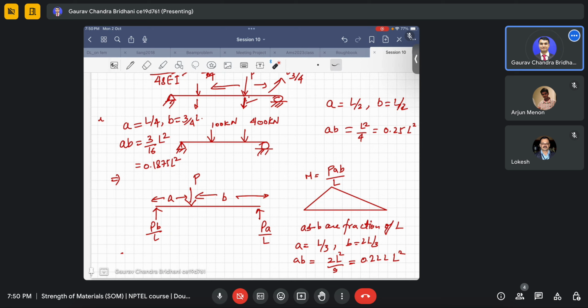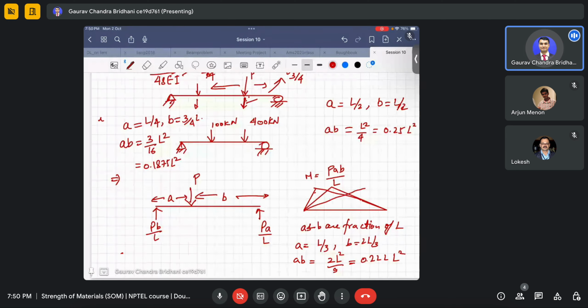Okay, is it clear? Yeah. As you move across, you make different triangles like this.